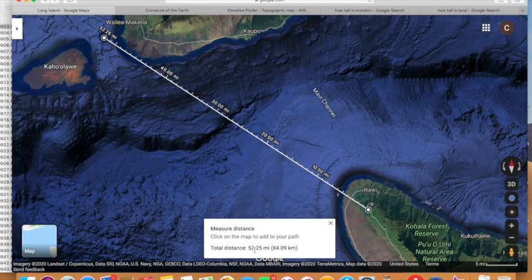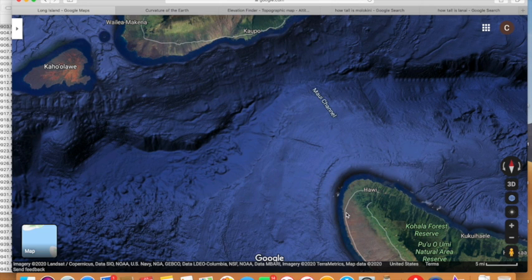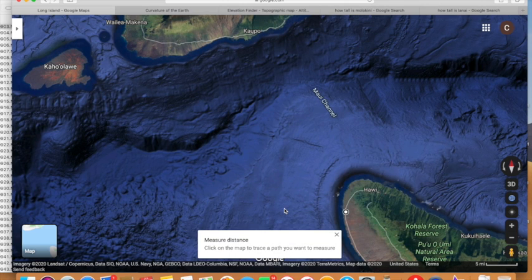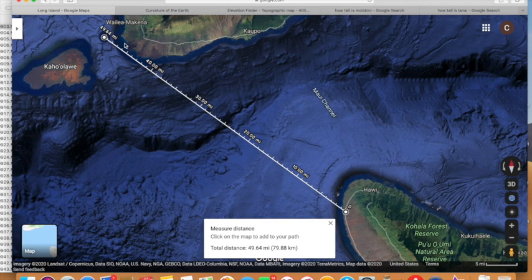So we got 52.25 miles. Okay, and now let's take a measurement from down on the coast to Molokini. 49.64 miles. So we can take a little average of 50 miles if we want.